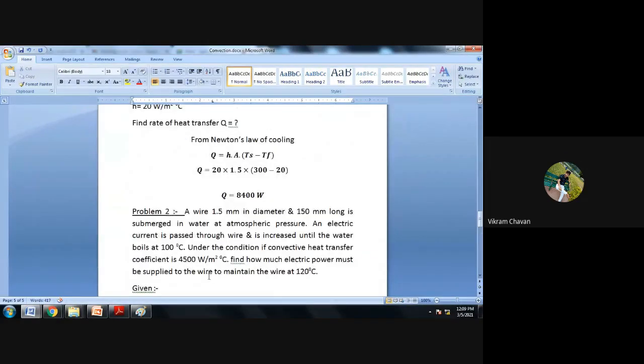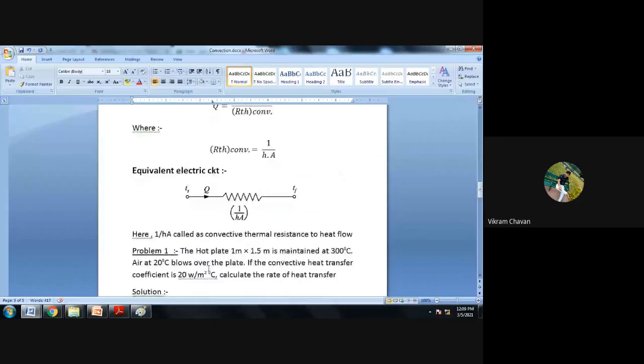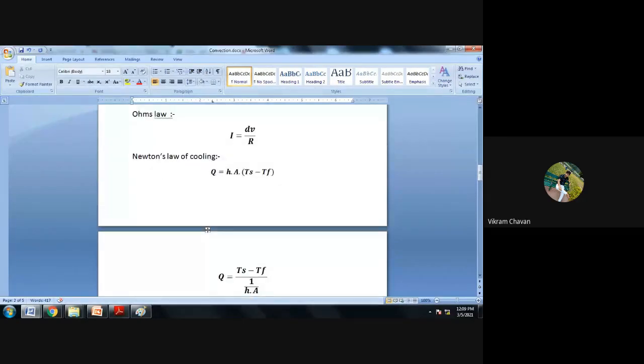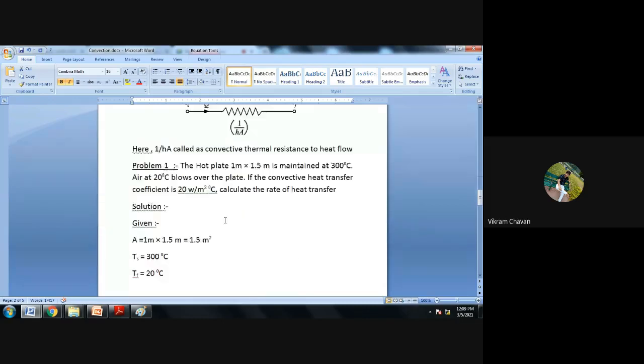What is our Newton's law of cooling? Q is equal to H multiplied by A multiplied by, in bracket, Ts minus Tf. That is our Newton's law of cooling.